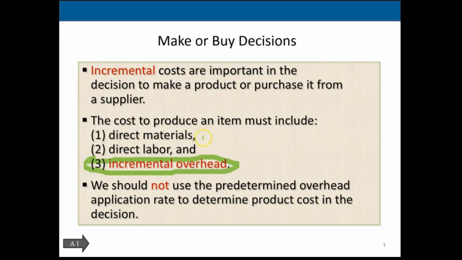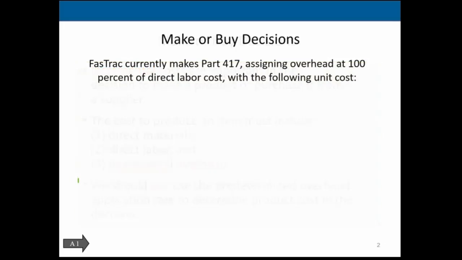Whereas the direct materials and the direct labor generally are variable in nature. Therefore, when we talk about the unit cost, we're narrowing down on that overhead because it may be allocated arbitrarily and it may be basically fixed in nature. Therefore, the decision to make or buy in this case may not include part of that overhead. So we should not use the predetermined overhead application rate to determine product costs in the decision in that case.